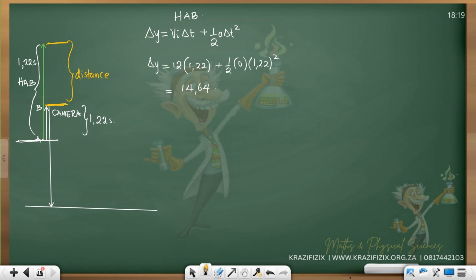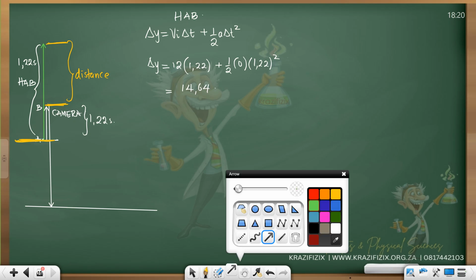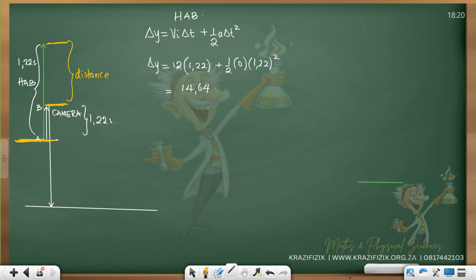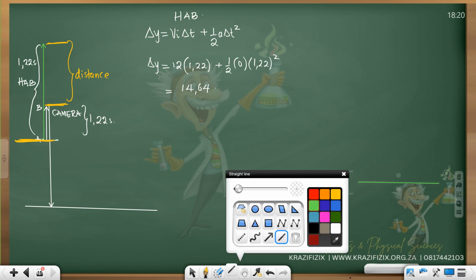And, all right, so from the point where the camera was released, we said the hot air balloon has traveled 14.64. I'm going to make this very simple for you on the right-hand side for you to be able to follow through. Please watch. I'm going to reinterpret the whole thing now.